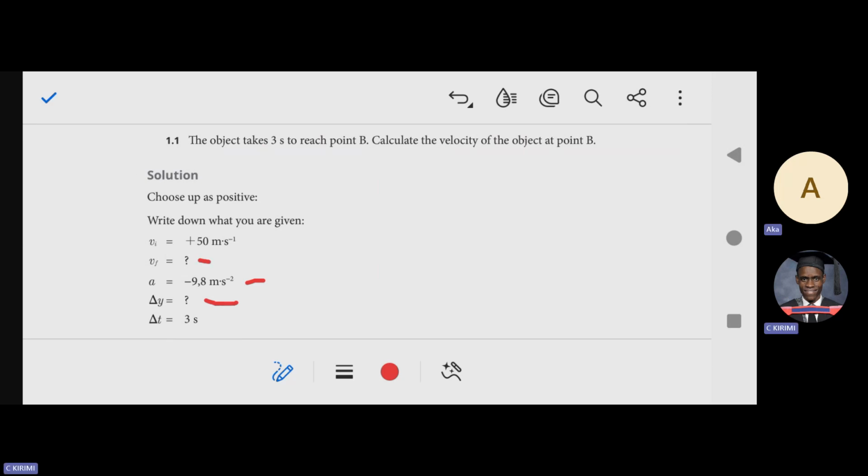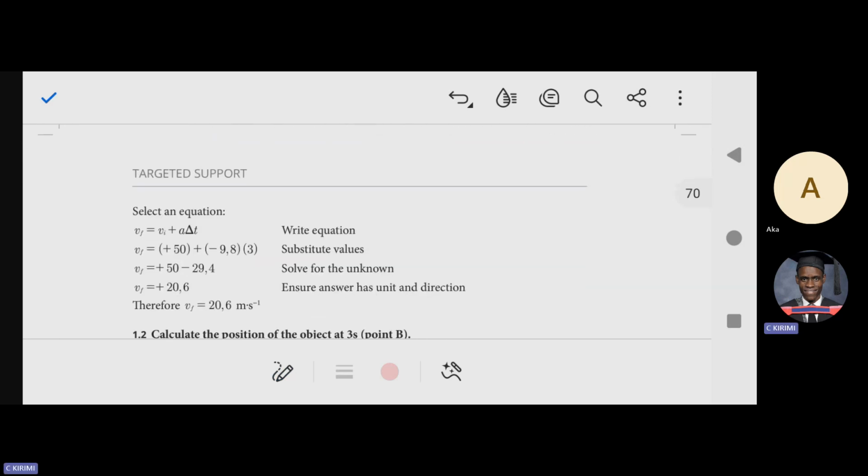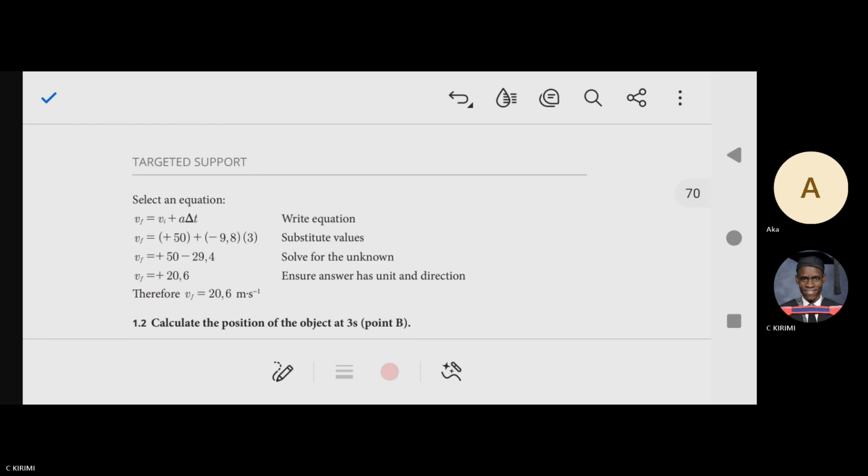The time taken is 3 seconds. Then you plug in 50 plus negative 9.8 times 3, and your final answer is 20.6.